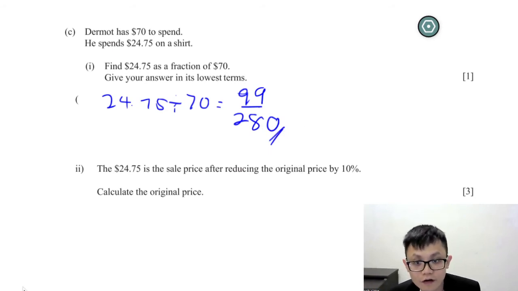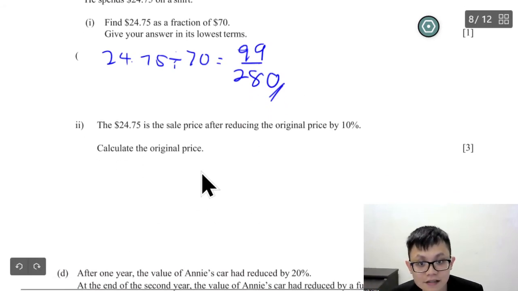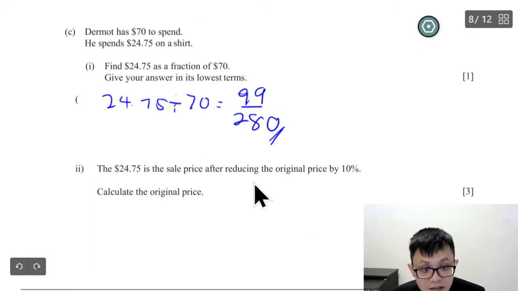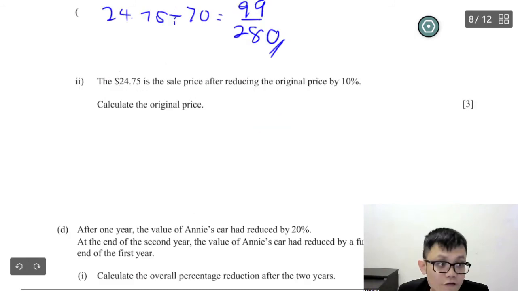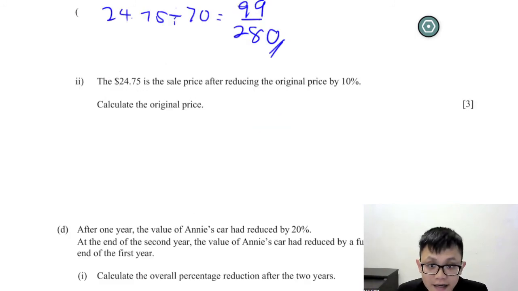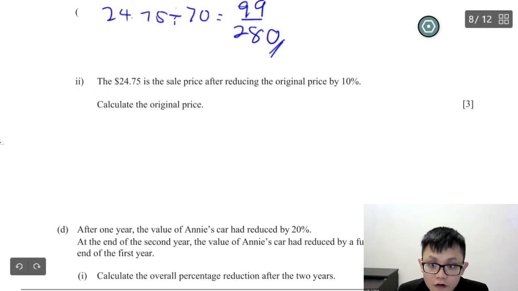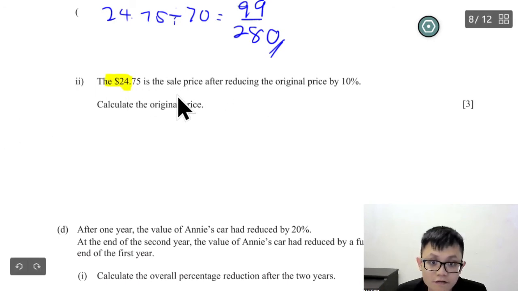The 24.75 is the sale price after reducing the original price by 10%. Calculate the original price. Okay, so for this one, we can see that 24.75 is the price after reducing of 10%. Calculate the original price.